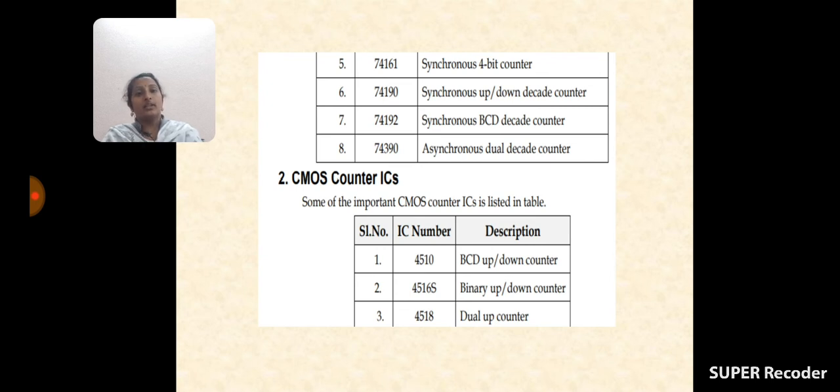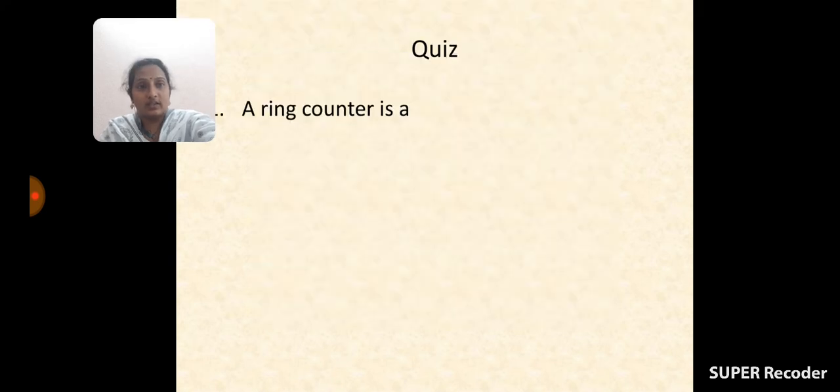The BCD up down counter will count BCD numbers only, but the binary up down counter will count binary numbers. And the next one is the dual up counter. Next one is 4518. So this is called what? Dual up counter. Two up counters are there in 4518.